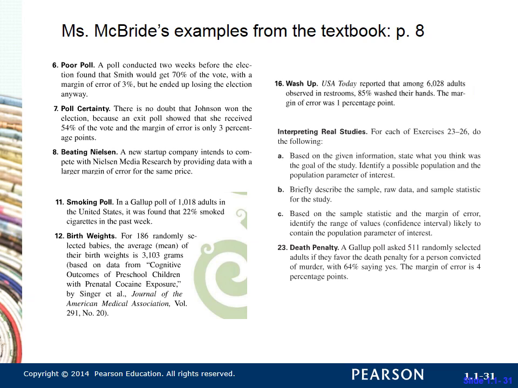I'm confident the margin of error is 4%. They didn't give me an actual confidence level, so I want to be careful of overstating this. So the population parameter between 60 and 68% would be the confidence interval there.